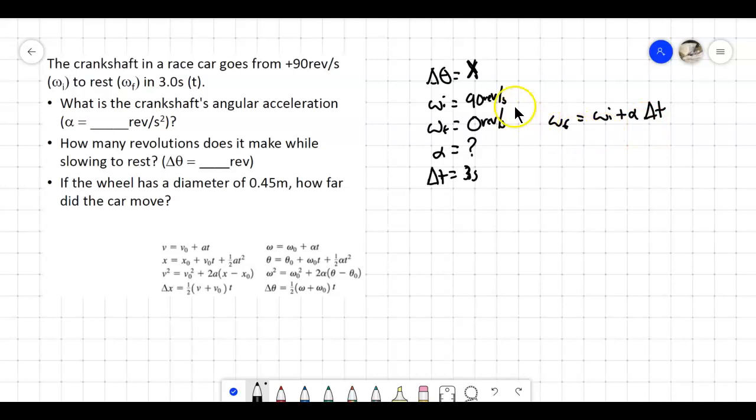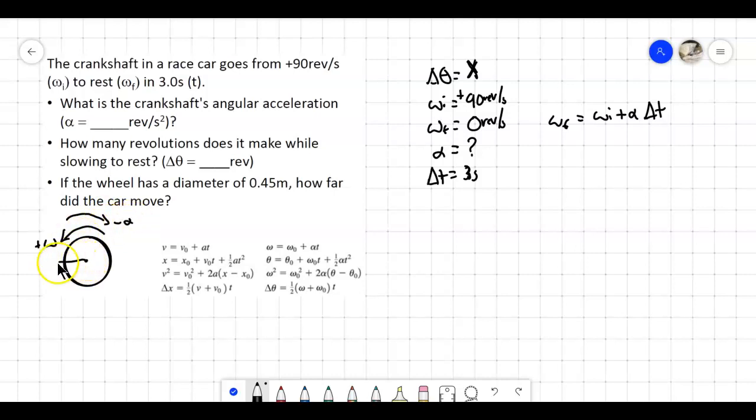So this object is going to be slowing down. Let's have it rotating initially in the positive omega direction. That means we're probably going to find that our alpha is going to be negative. So if we draw a picture, this is a wheel that is rotating with a positive omega, and it's going to be accelerating in the negative acceleration direction.